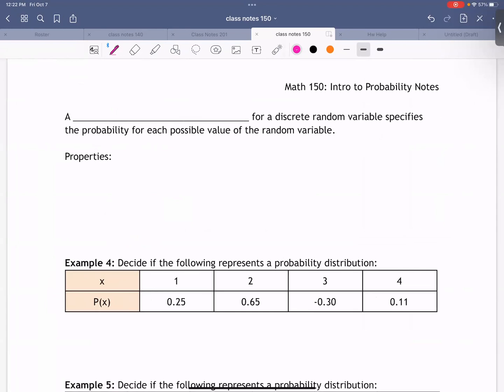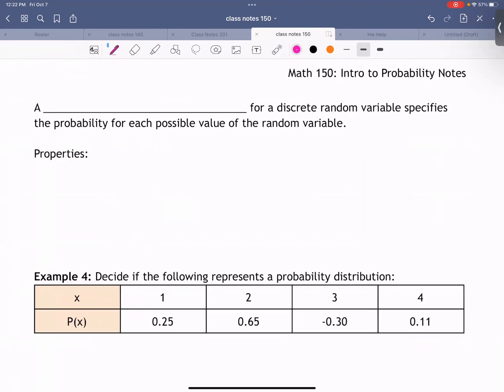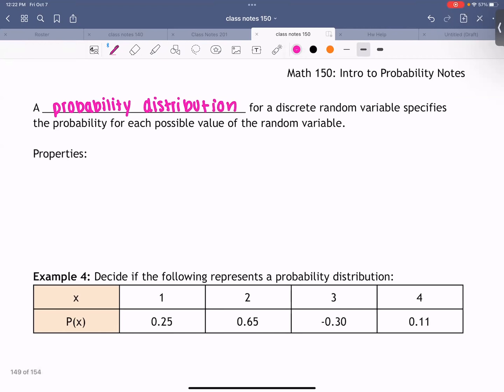More notation that I'm going to be using, and I'm sorry, I'll stop throwing notation at you soon. But one other thing we're going to talk about is the probability distribution. Now, we're using the word distribution.